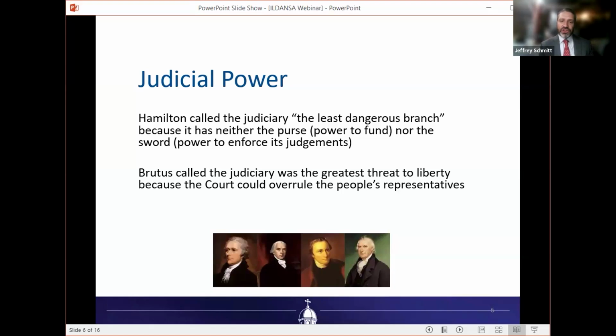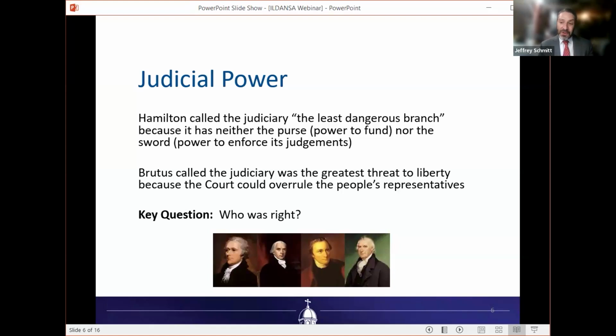That is because federal judges under the Constitution have lifetime tenure. They can only be removed through impeachment, which is a process that is really hard, and it's never been done for a federal judge. So the concern from the anti-federalists is the court is not accountable, they're never up for election, and if they have too much power, then they could really run the government.